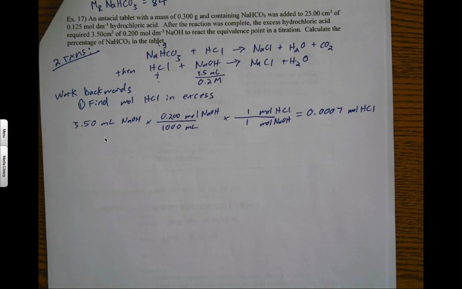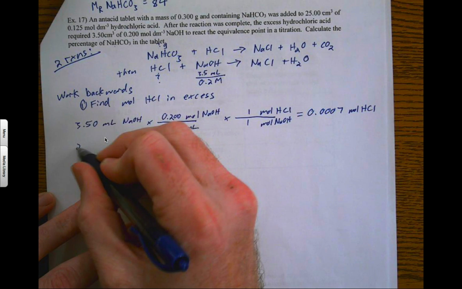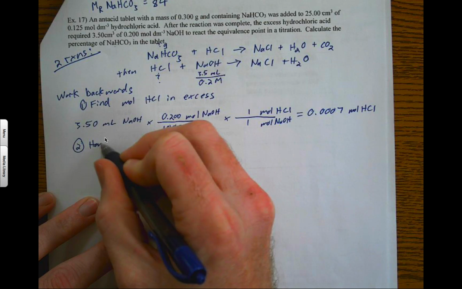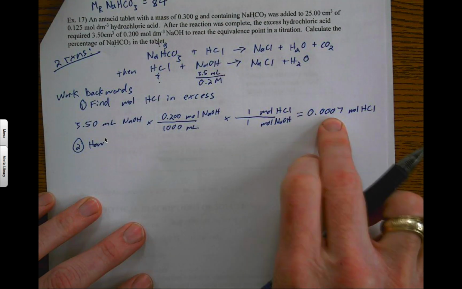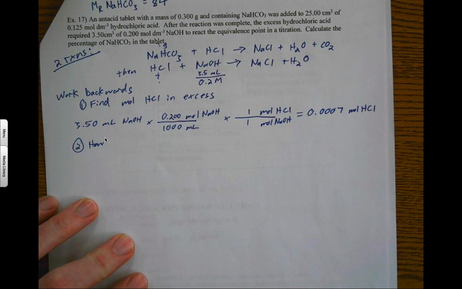Now we want to figure out how much was actually initially added, right? So we can subtract how much was left over from how much was initially added. That way we can figure out how much was reacted.